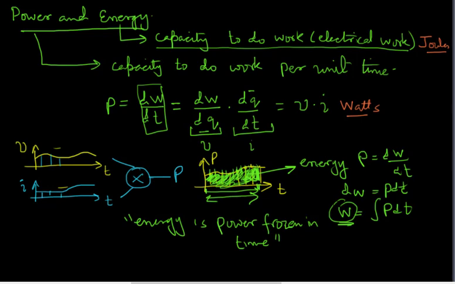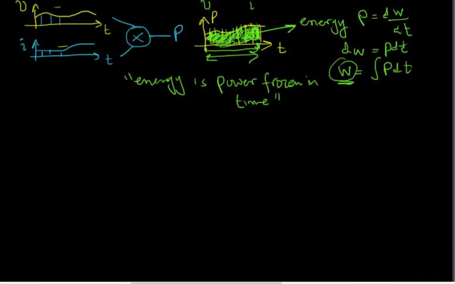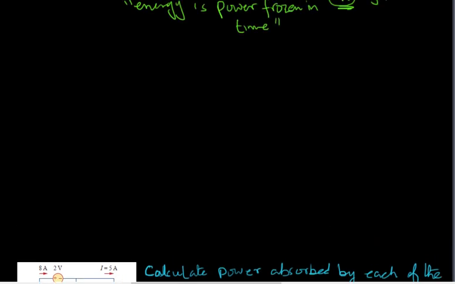Now, when we talk about power, there is a very important concept in electrical circuits. You have just seen that there is a concept of voltage and current sign convention. If there is a sign convention for voltage and current, it means that there is necessarily going to be a sign convention for power.